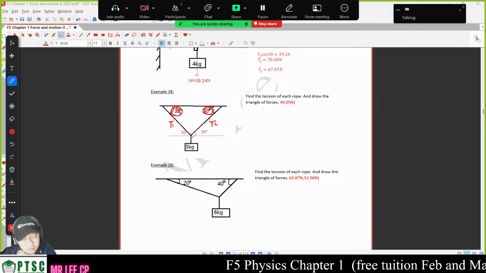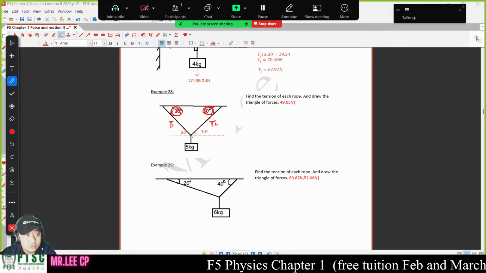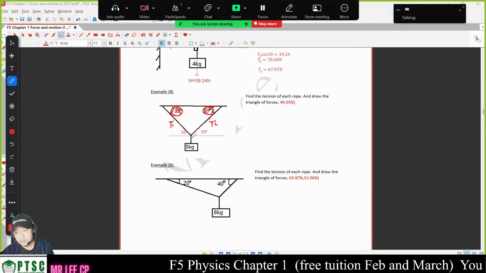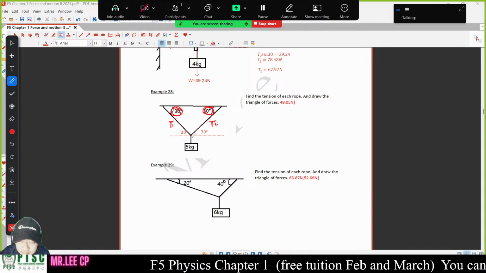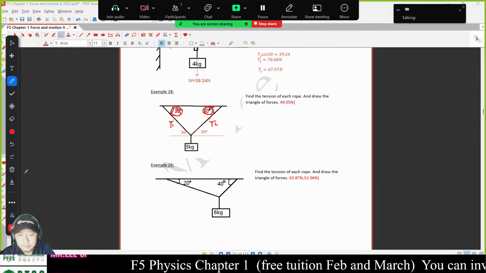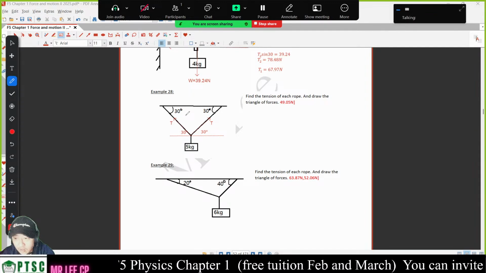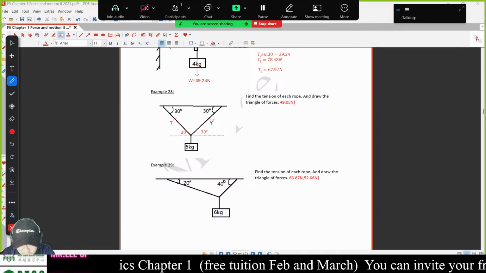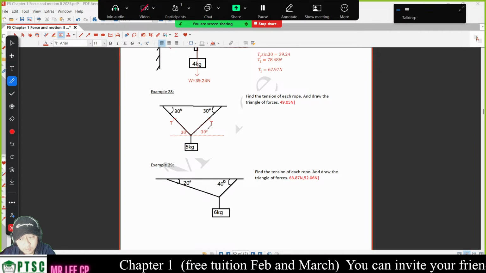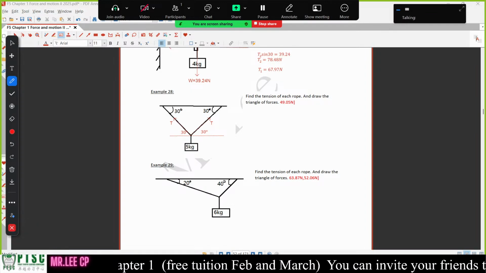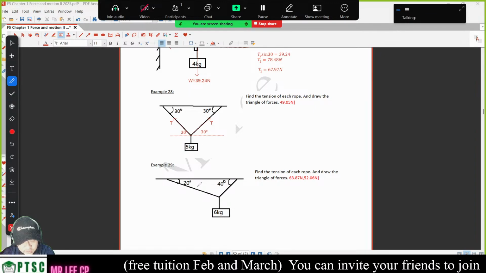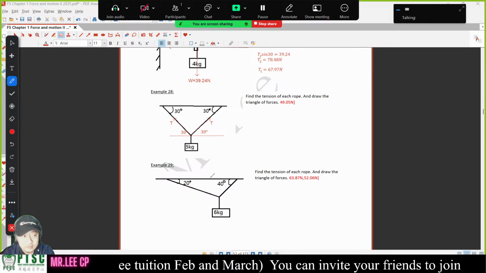So you do not need to put T1 and T2, but if you want to, no problem. If the angles are not the same, then the tension will be T1 and T2, with one bigger and one smaller.